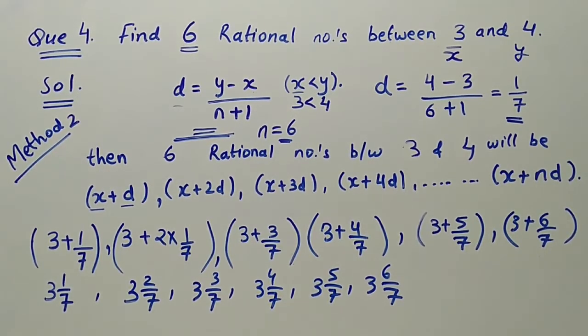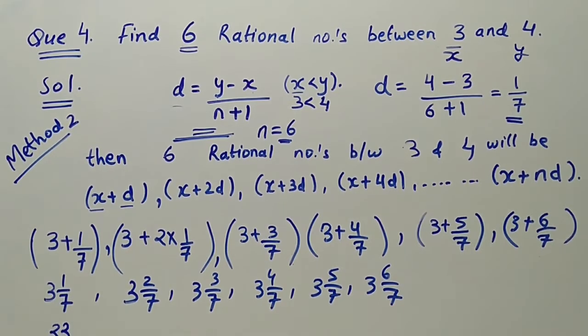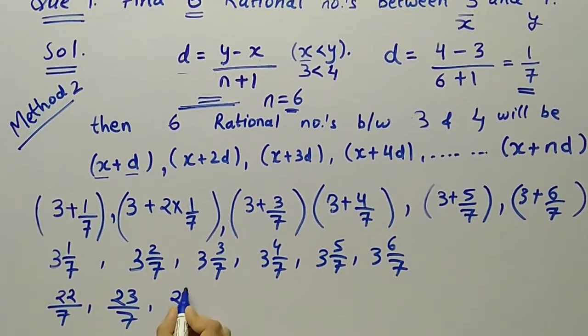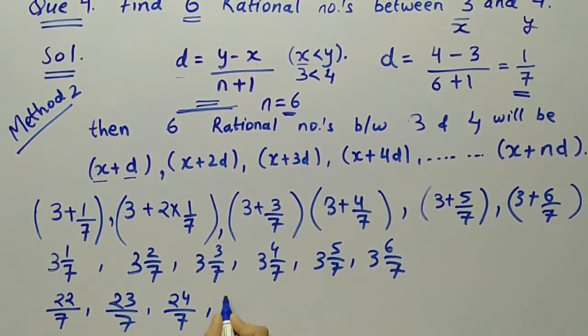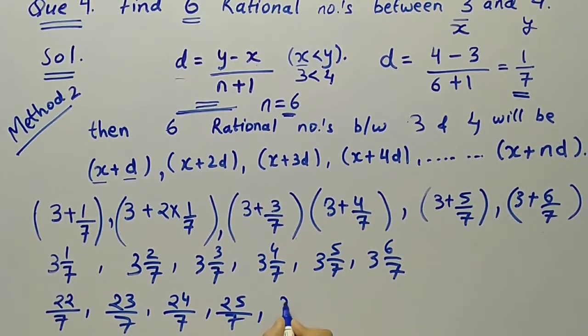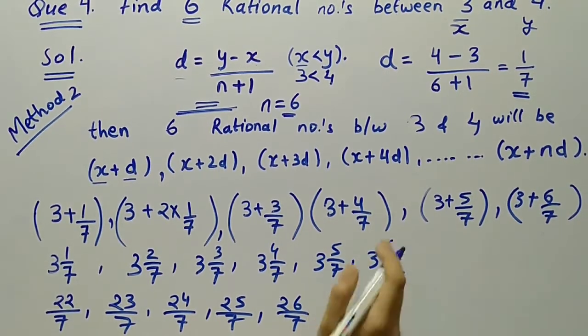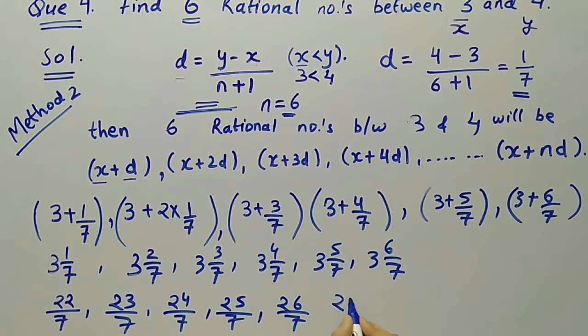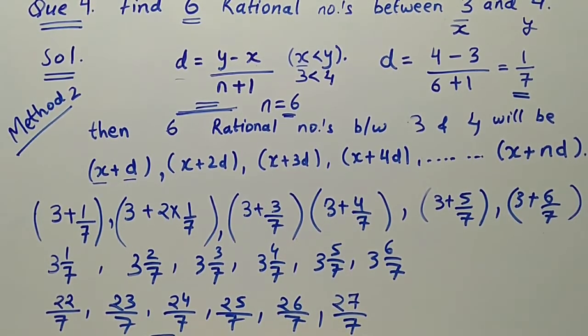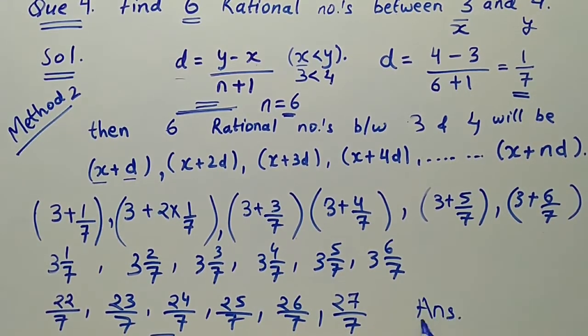So the sixth rational number between 3 and 4 will be: 7 3s are 21, 21 plus 1, 22 by 7, 23 by 7, 24 by 7, 25 by 7, 26 by 7, and 7 3s are 21, 21 plus 6, 27 by 7. So 1, 2, 3, 4, 5, 6. These are the 6 rational numbers which lie between 3 and 4, and this is our answer.